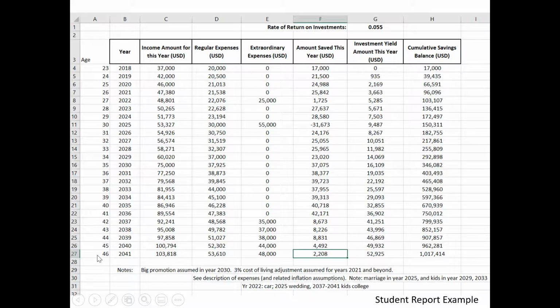You need to go through the entirety of your assumed life. So if you assume that you're living to 100, then you need to show that all the way through. And after retirement, maybe your income is just Social Security, and it could be that your expenses are greater than your income, and that means that you're starting to spend down your cumulative savings balance.